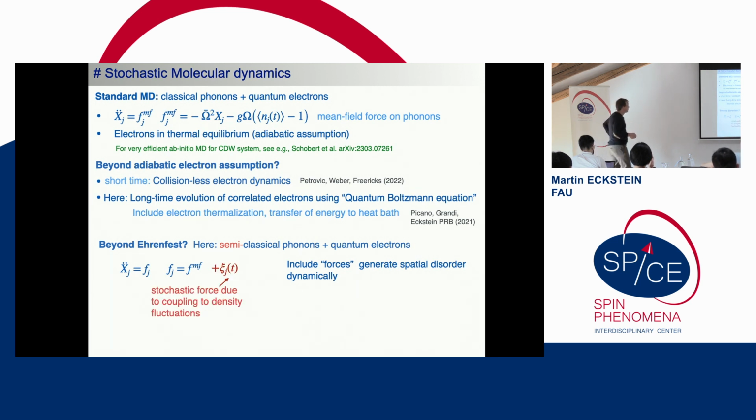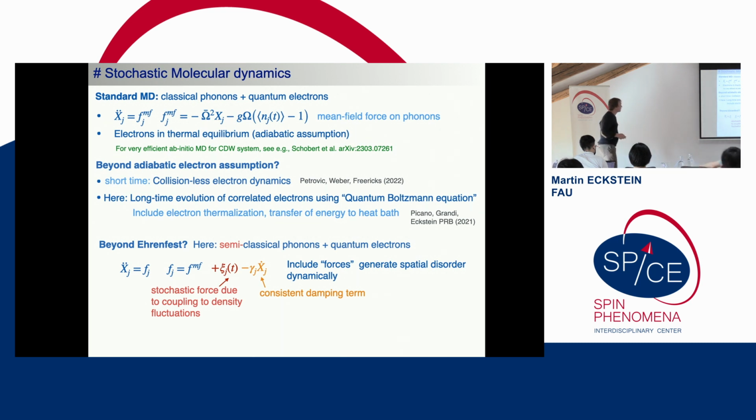But we want to add some stochastic force to it, because the correction to the phonons interacting with the electronic density is that they interact with the electronic density fluctuations in time, and that correction corresponds to a stochastic force. Then you have to write a consistent damping.